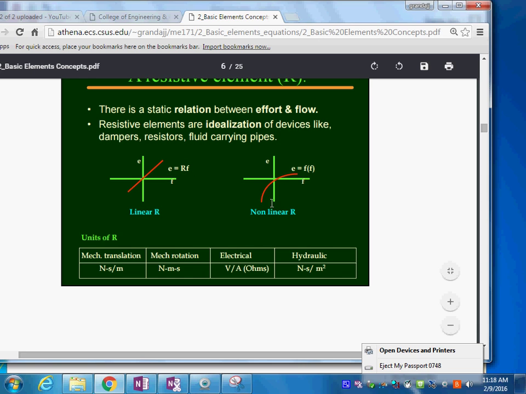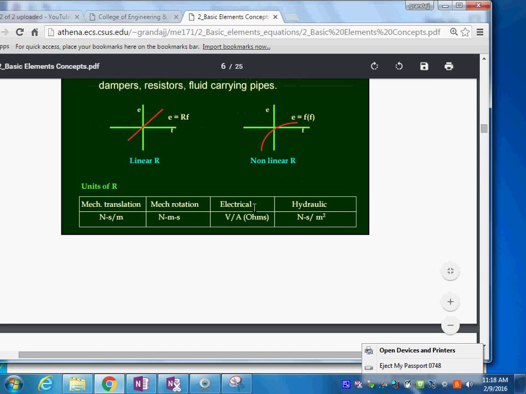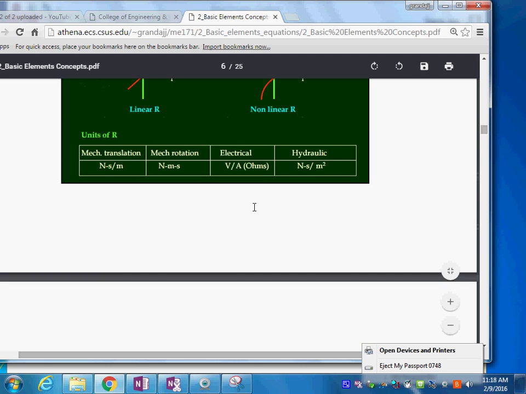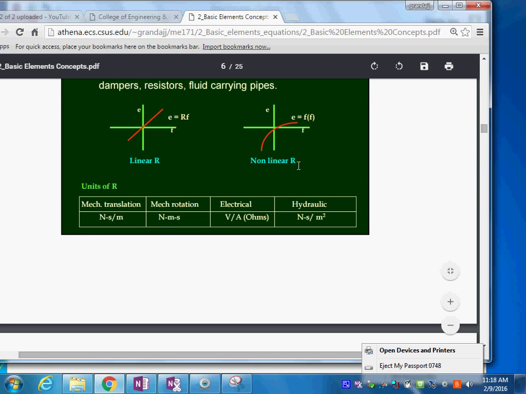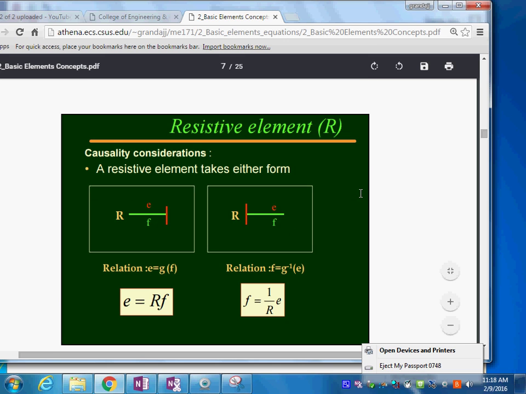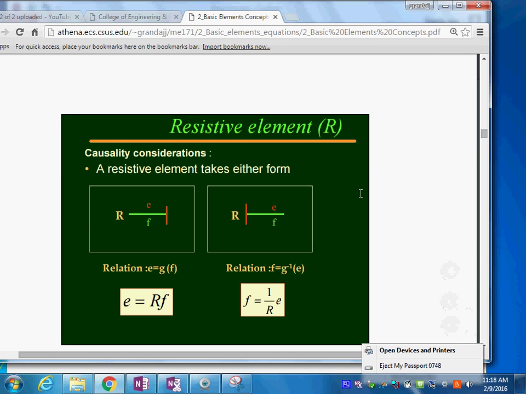So depending on how that effort goes, you can see that it's on the side. And here's the effort, and this is the flow. For this other one, you see also that the effort is on the side, so it goes from the system towards this element.